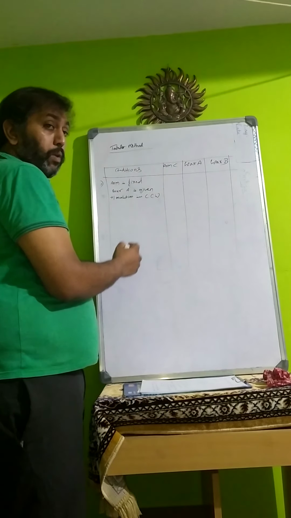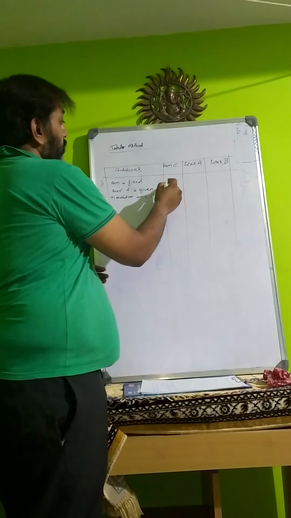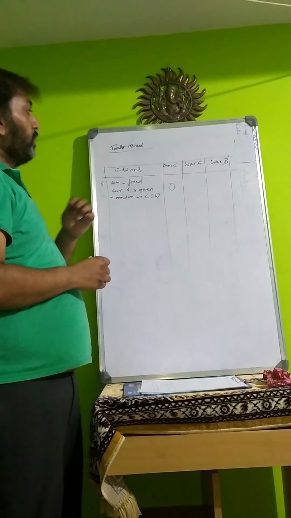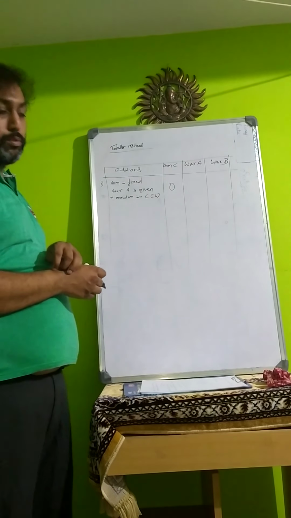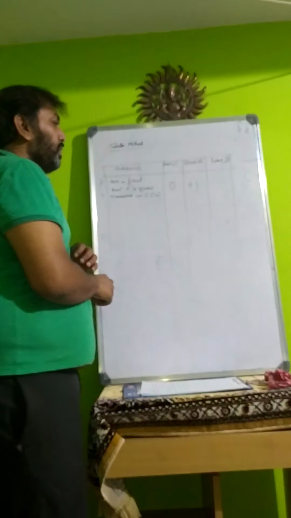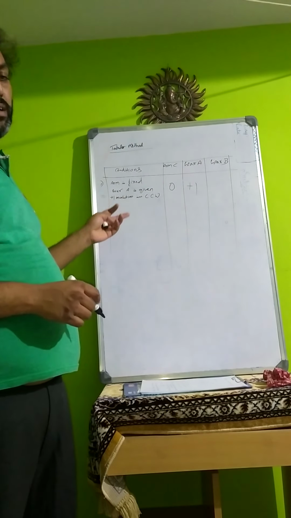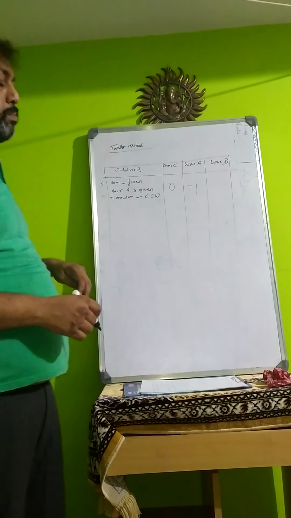Because of that, arm C is fixed, so it will not have any motion. Gear A will have +1 motion, plus because anti-clockwise is taken as plus.